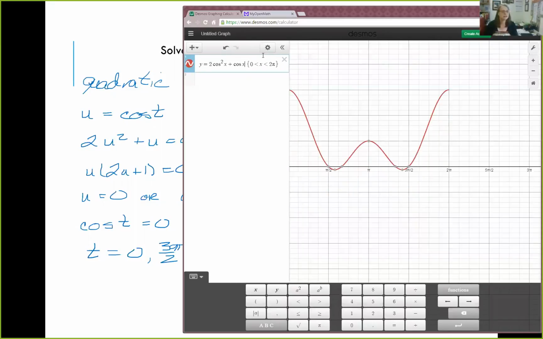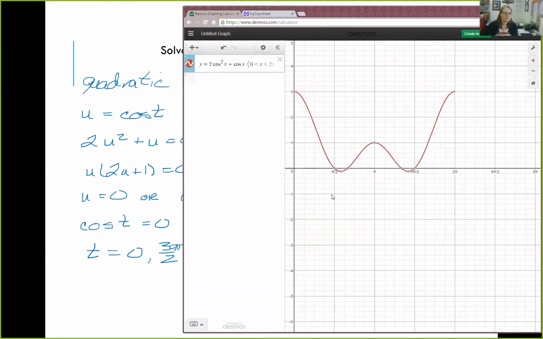And we are looking for where this equals 0. And on all of our problems today, we're going to limit ourselves to 1 revolution around the unit circle. So that means between 0 and 2 pi. So my graph is limited to 0 to 2 pi.